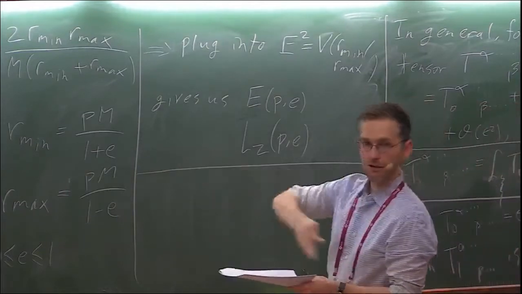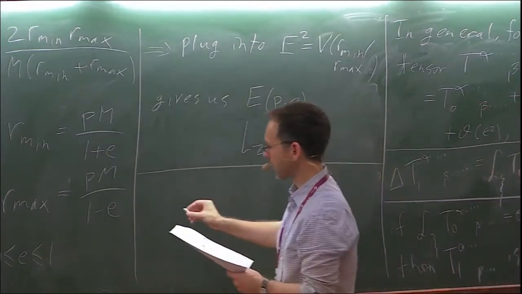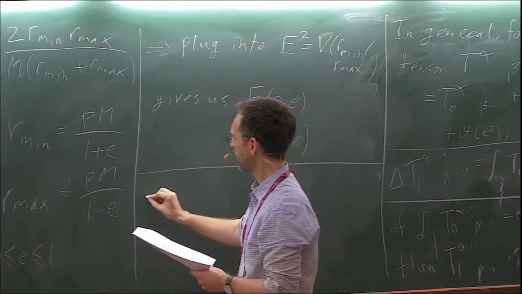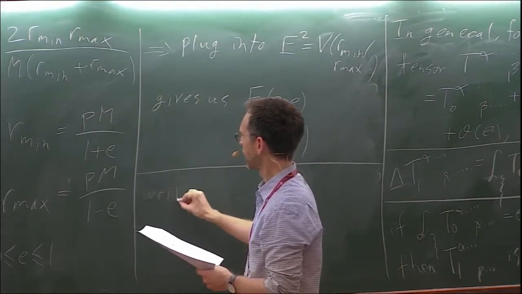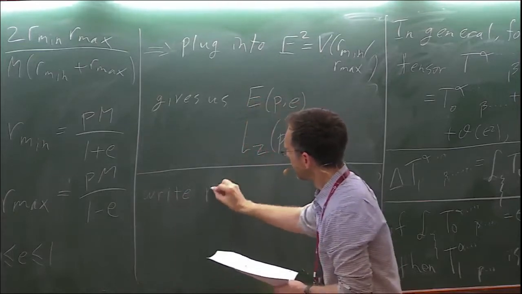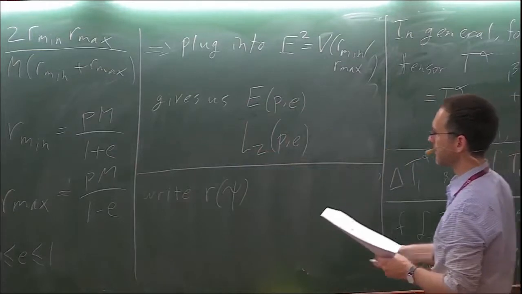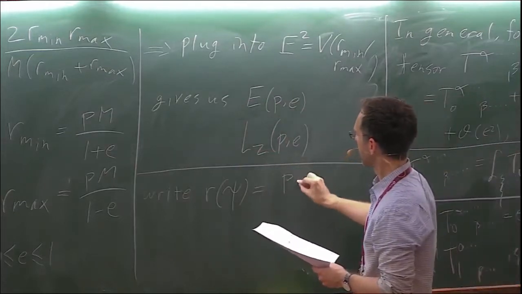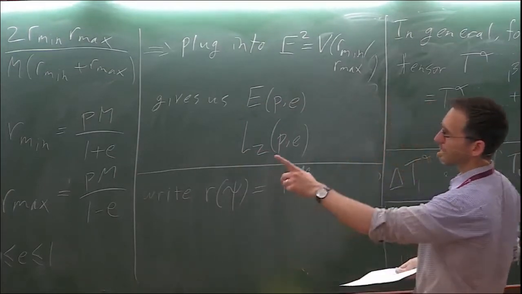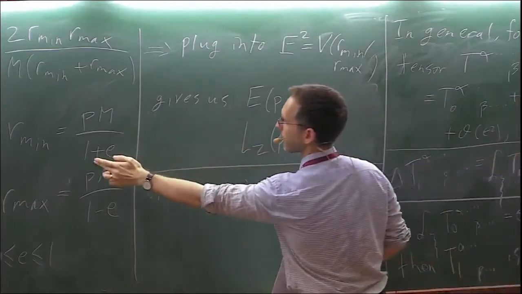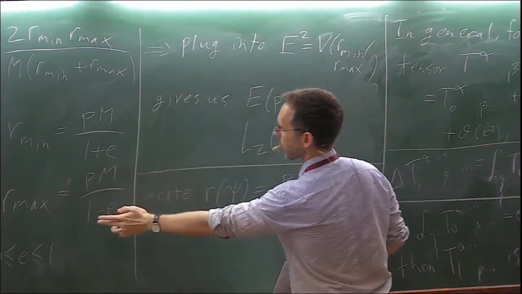Now we want something that's oscillatory, so let's write down an oscillatory parametrization for the radius. Let me introduce just a phase variable psi. So we know that r is going between pM over 1 plus e and pM over 1 minus e.